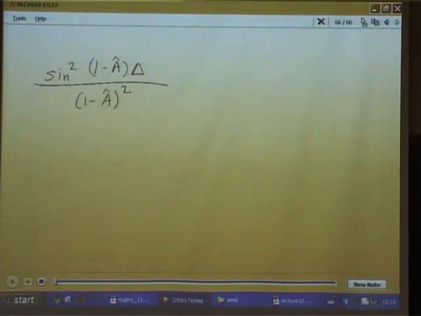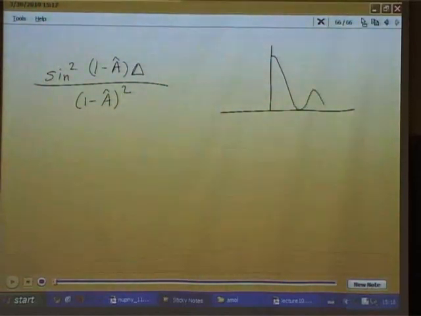Anyway, you know what this looks like. This sine square x by x at x equal to 0 is equal to 1, so it peaks here, and then falls off. So this tells you that this term is going to give you a structure that looks something similar to this.